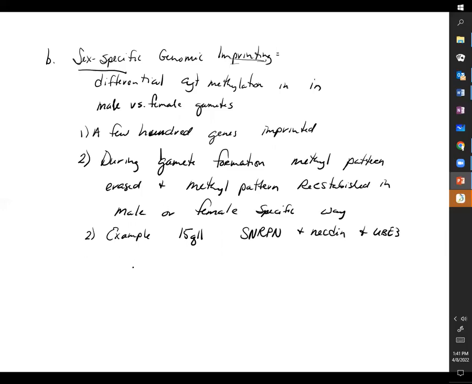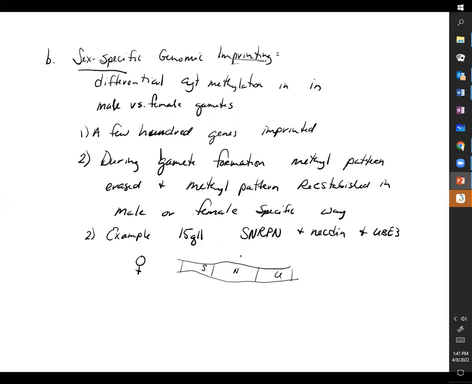So in a female-derived chromosome, and remember, each individual has a chromosome that was derived from the female lineage and the other from the male. So in the female chromosome, let's kind of depict this. Oh, that's a horrible looking piece of DNA, but bear with me here. We'll say S, N and U. These 3 genes are in the long arm of chromosome 15, region 11.